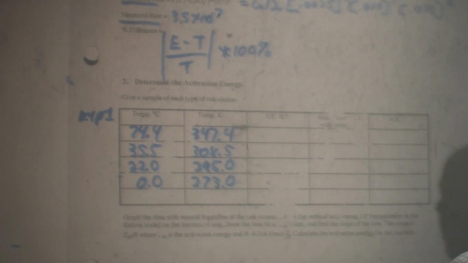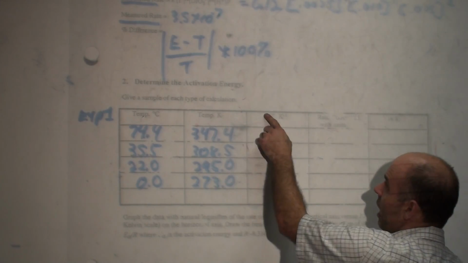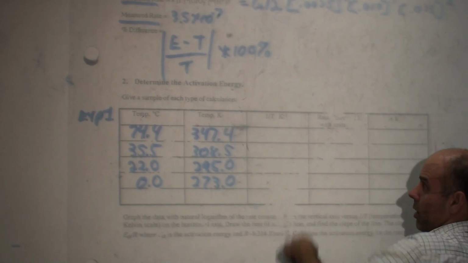Then once I have my temperature in Kelvin, I'm going to take 1 over the temperature. And I'm going to keep my 4 significant figures.